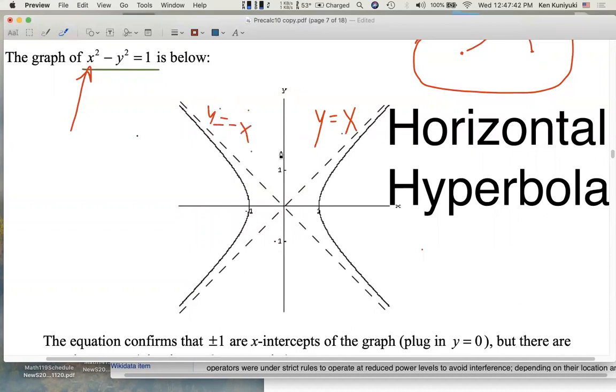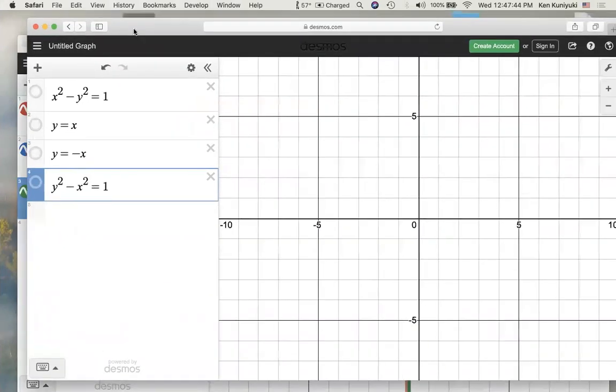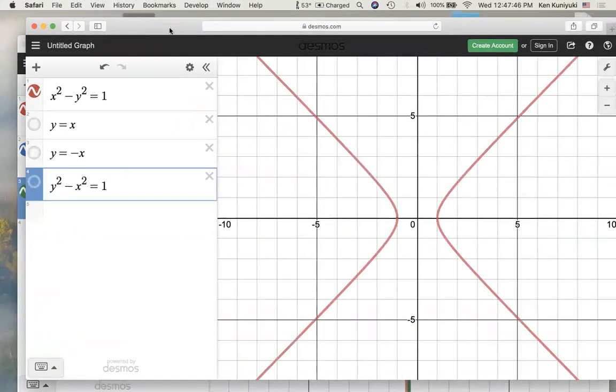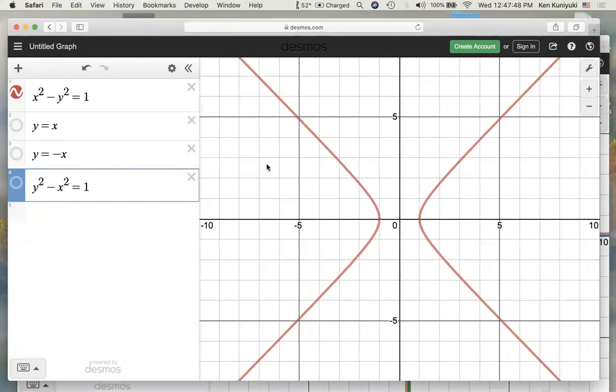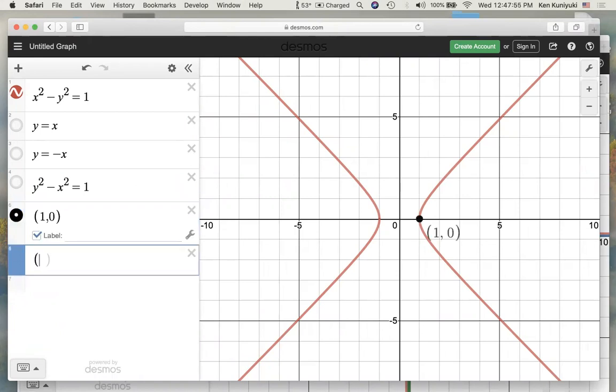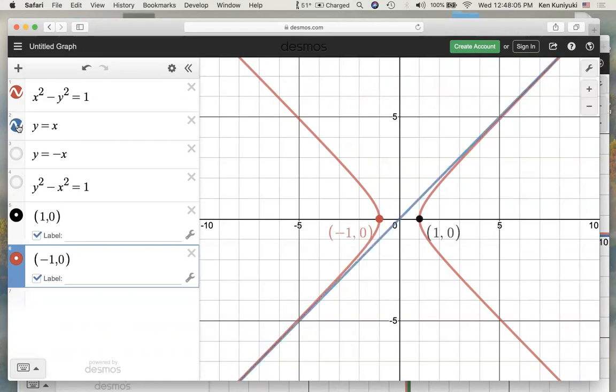Desmos verifies that. Here's a graph of x squared minus y squared equals 1. It's a horizontal hyperbola. Notice we have 2 x-intercepts at (1, 0) and at (negative 1, 0). In fact, these are the vertices of the hyperbola. They're like turning points. Y equals x is one line that the hyperbola approaches in the long run.